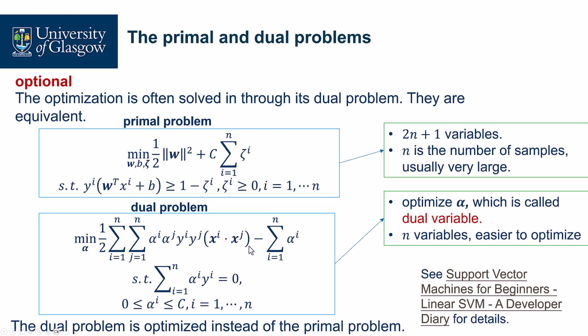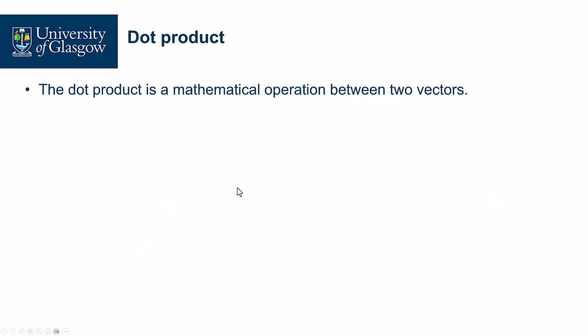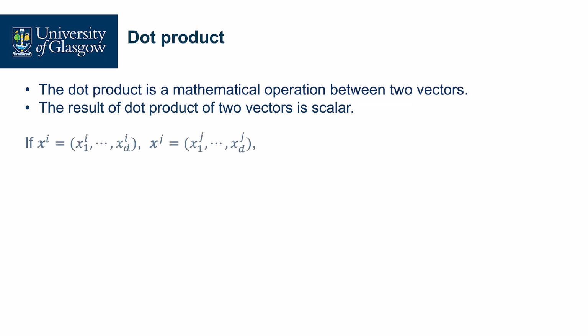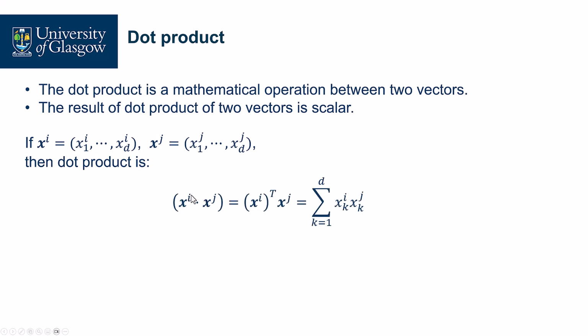This one we call a dot product. We need to understand what it is because we will use it in the coming sessions. The dot product is a mathematical operation between two vectors, and the result is a scalar. Consider xi and xj are two vectors of d dimensions. The dot product of xi and xj is equivalent to xi transpose multiplied by xj.